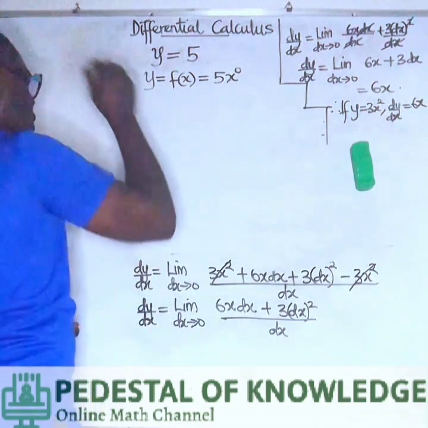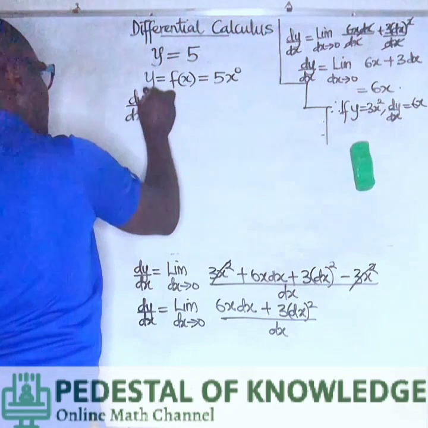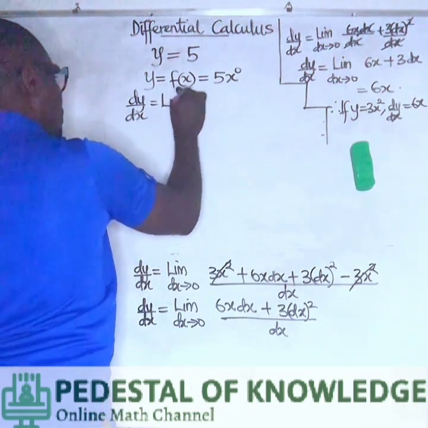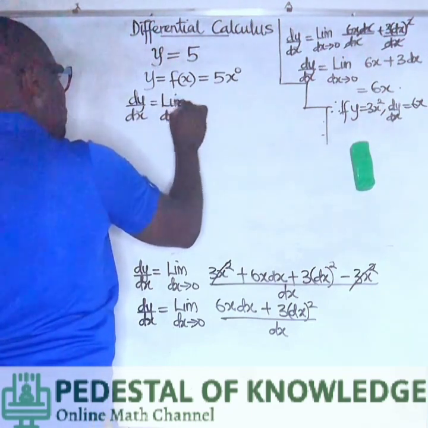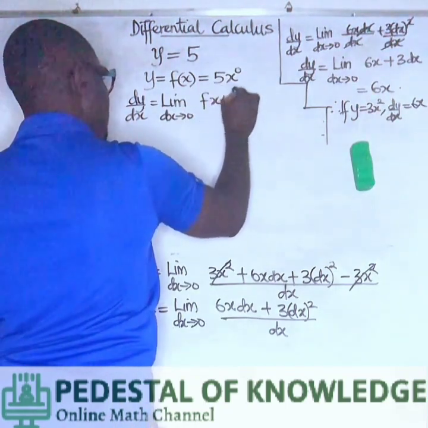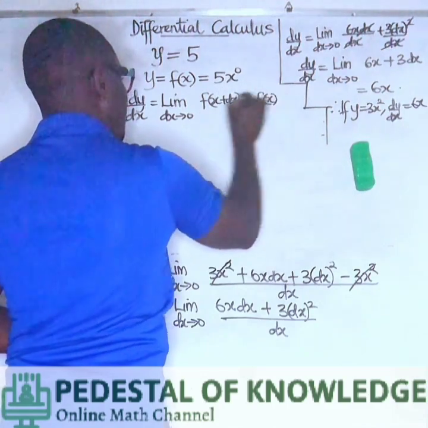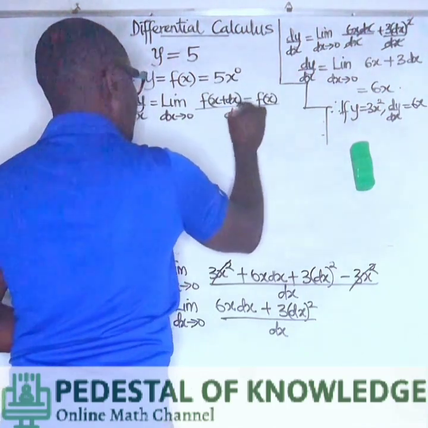determine. Now, we know very well that dy/dx is equal to the limiting value as dx approaches 0 of f of (x plus dx) minus f of x over dx.